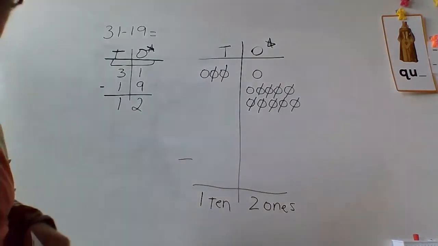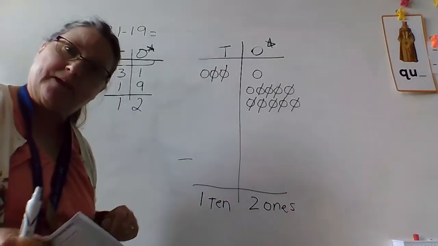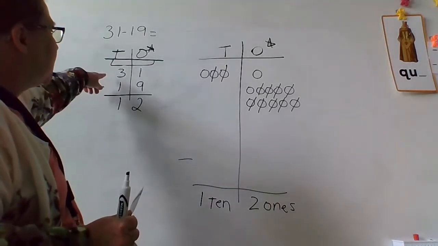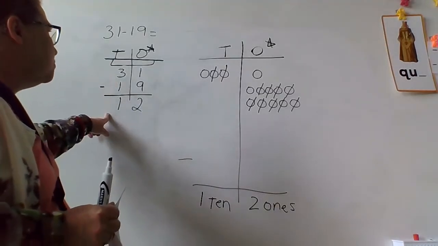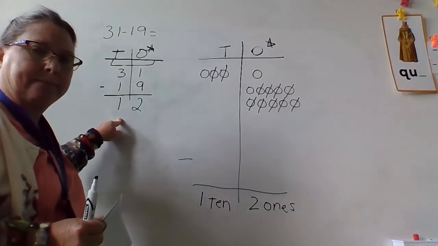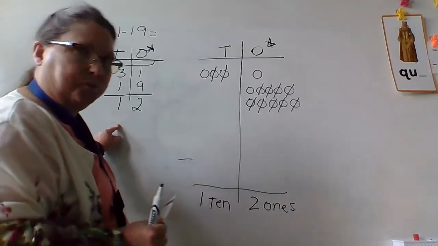Let me tell you another mistake. I was working with a group today, in a small group. And somebody said, oh, I figured out how to do this because I can just subtract a 3 minus that 1 and get 2. And then I know that's my answer in my tens. And I said, let's check that out and see if that's true.